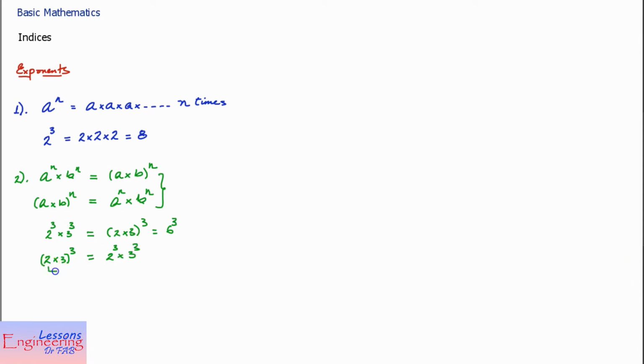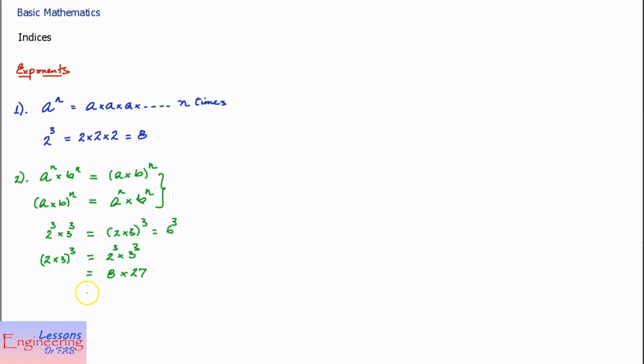We have kept the bases the same and distributed the exponent to both of them. If we do this independently, 2 raised to 3 is 8, times 3 raised to 3 is 27, purely because 3 raised to 3 is multiplying the base 3, three times.